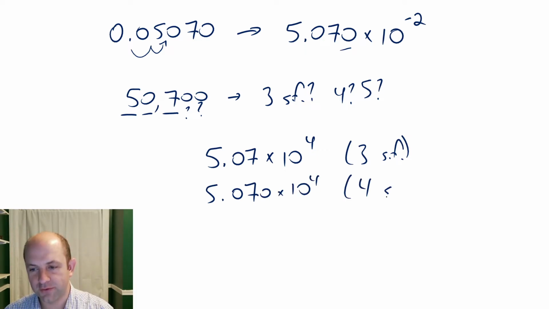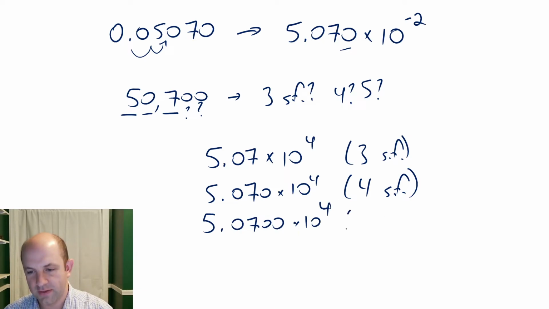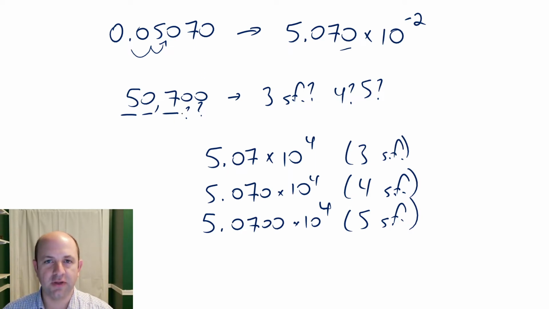That would be 4 sig figs. Or if we had 5.0700 times 10 to the fourth, this would be 5 sig figs. So if we leave it in our standard notation, there's ambiguity. We don't know how many sig figs there are. If we put it into scientific notation, all three of these numbers are worth the same amount as far as quantity, but we can see the different levels of precision. This one only has 3 sig figs. The one at the bottom has 5.